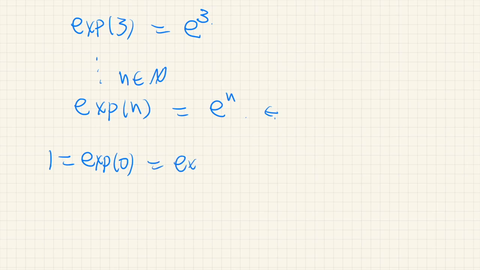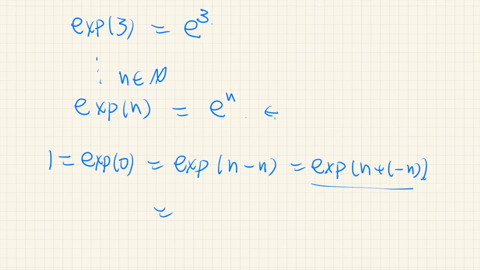But 0 is equal to n minus n. And subtraction is actually addition of a negative integer. And as we have seen before, this can be split into the product, exponential of n times exponential of negative n.